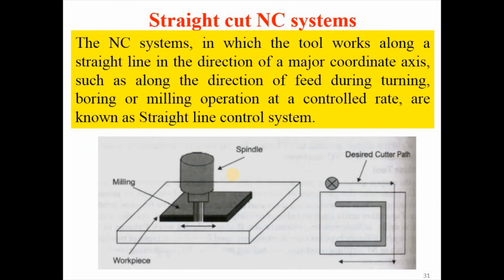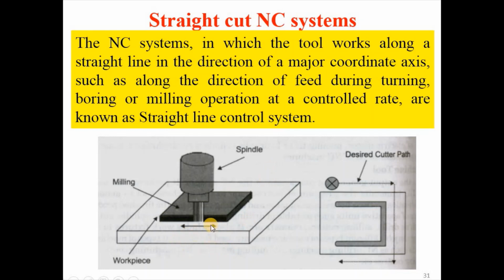Second, the straight cut NC system. You can see here this is the desired cutter path. The 3 sides we have to cut are straight cuts. In this NC system, the tool works along a straight line only, in the direction of the major coordinate axis. So this is the major coordinate axis, and we have to follow this straight line for the operation.